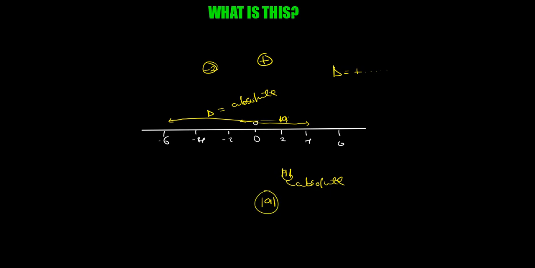All right, so what should we do then? For any value on a number line, for any absolute value of A we have here, if I have absolute of something here, now let's get to understand.